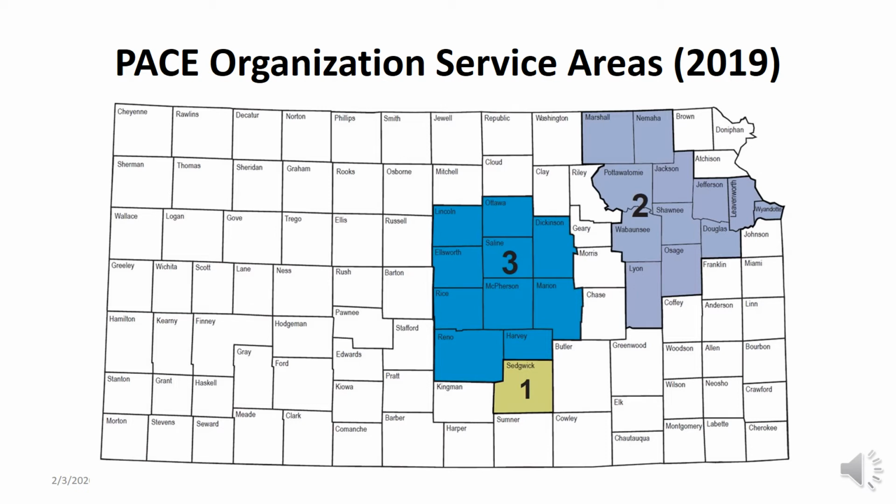And Bluestem covers Dickinson, Ellsworth, Harvey, Lincoln, Marion, McPherson, Ottawa, Reno, Rice, and Saline counties, and that's 844-588-7223. And again, there will be a resource that will give you all these phone numbers at the end of the video.